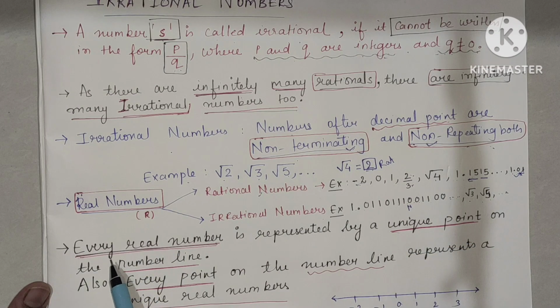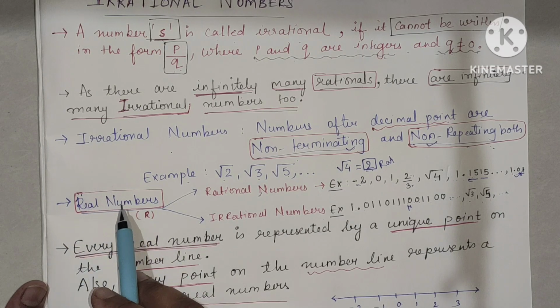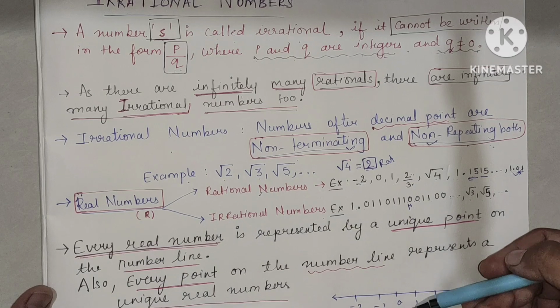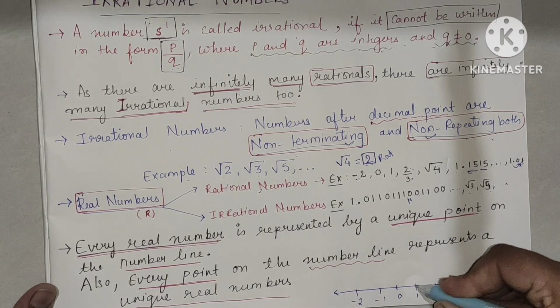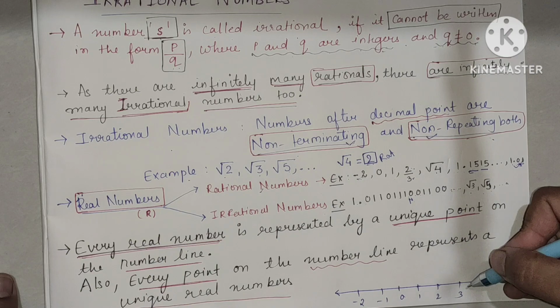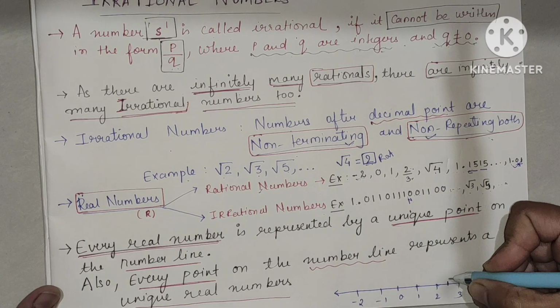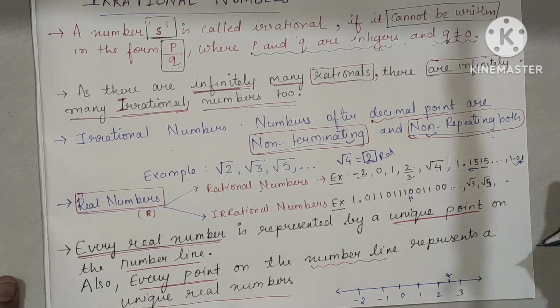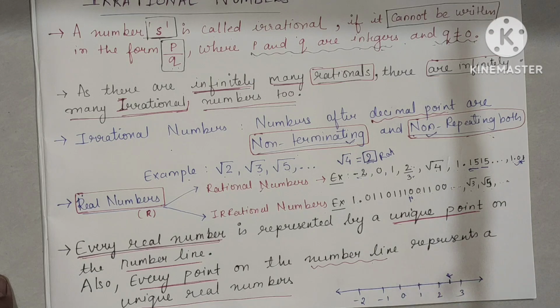Now we'll see that every real number can be represented with a point on the number line. In the previous section we plotted a rational number, and also every point on the number line represents a unique real number.